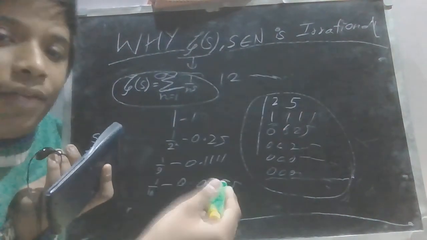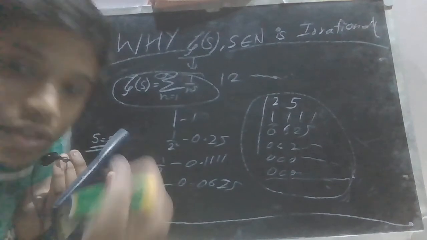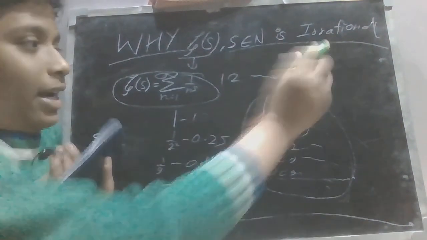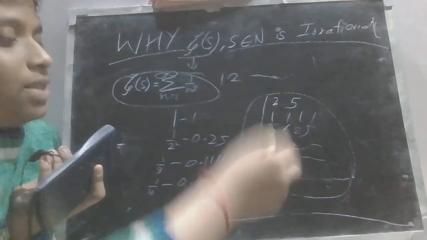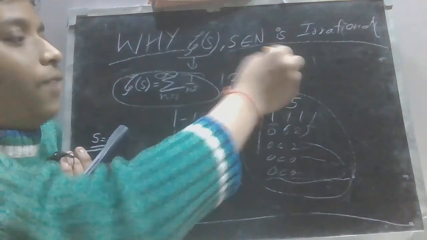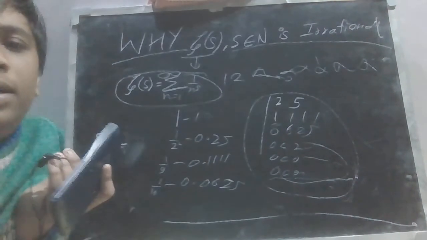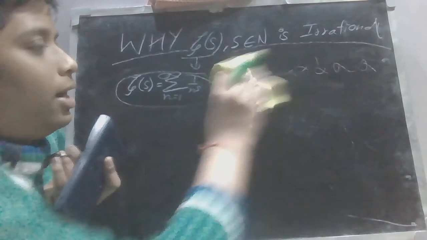And since it's infinite, what is infinite? It never stops. And what is an irrational number? It never terminates. So that means it goes on with this calculation to infinity. I get a number here, I get a number here, I get numbers till infinite. So that's the basic reason why zeta at every s is irrational.